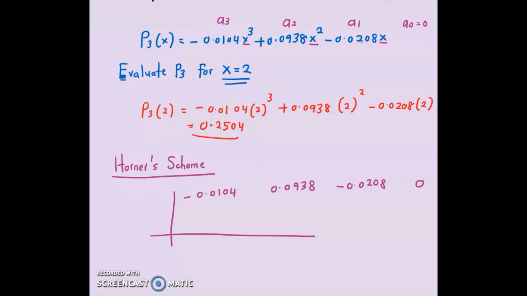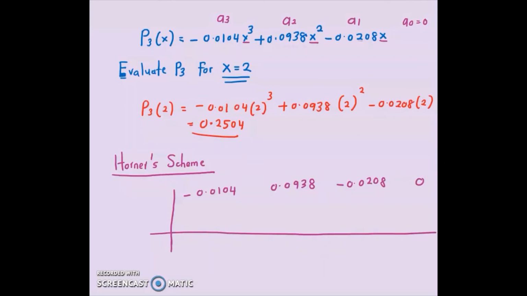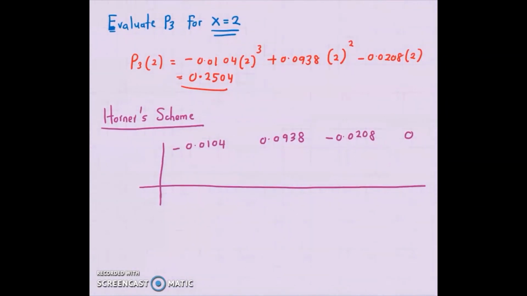Okay, now, if you don't know this, you have to refer to my video on Horner scheme. So you want to find for x equals to 2. So write a 2 here. Now the first value here will immediately come from my A3. So this will be negative 0.0104. Okay, so this is multiplied.